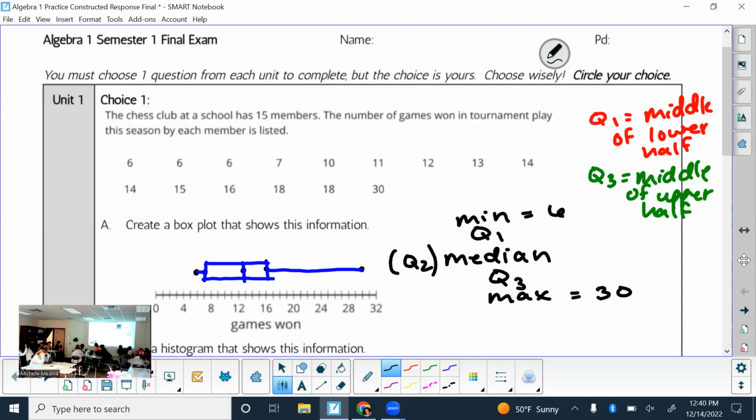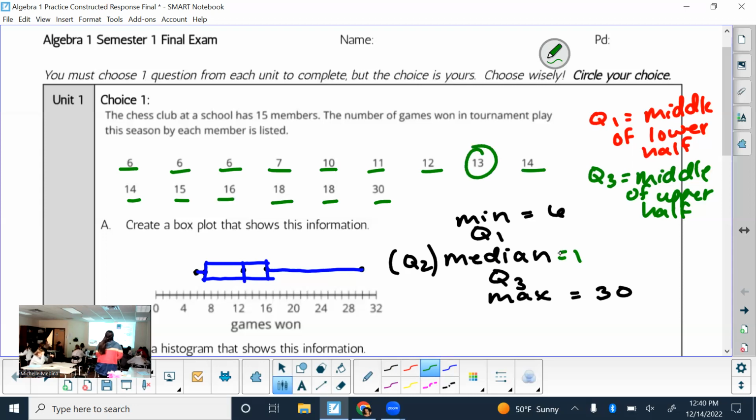Okay, good. So then I can just go left, right, and it has to be a full left, right, and then whatever's in the middle. Sometimes you get one number in the middle. Sometimes you get 2 numbers in the middle. It depends how many data points you start with. Since it's an odd number, 15 data points for 15 members, I should just have 1 number in the middle.